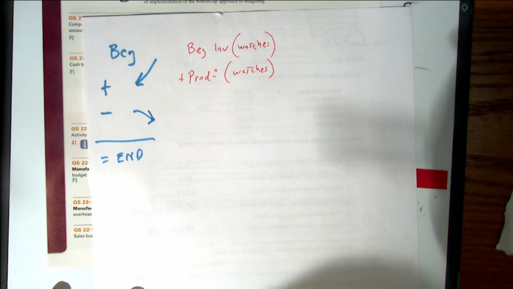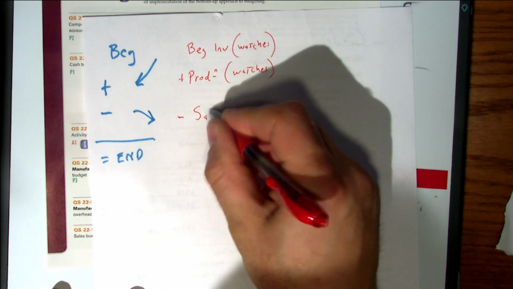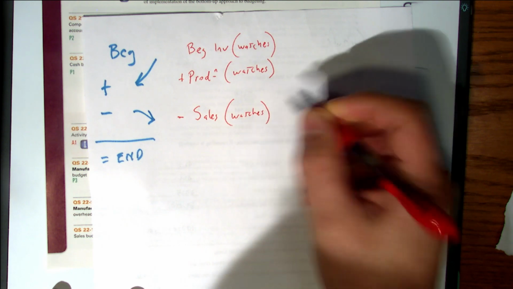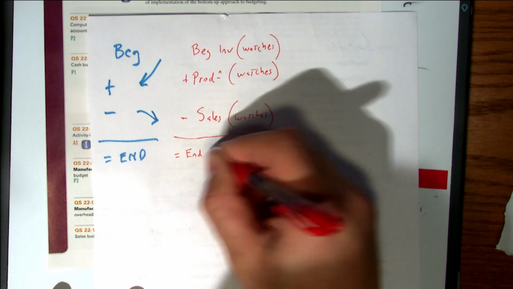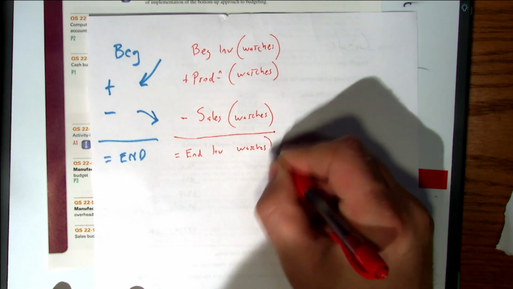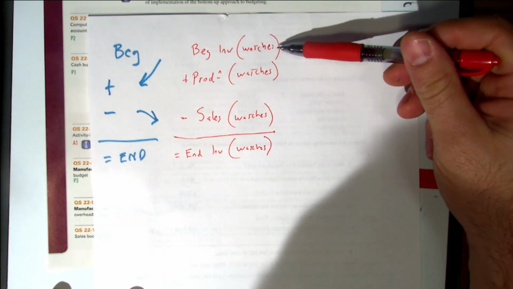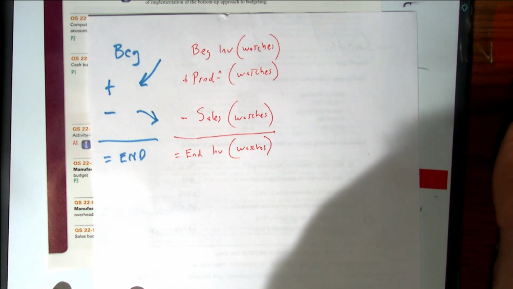Selling them. Sales of watches. So minus sales of watches, and that equals the ending inventory of watches. Are you with me? The beginning inventory of watches plus the production of watches minus the sales of watches equals the ending inventory of watches.